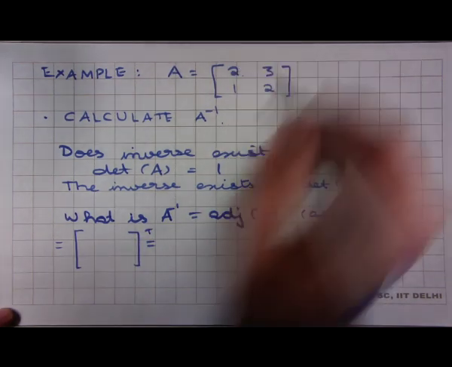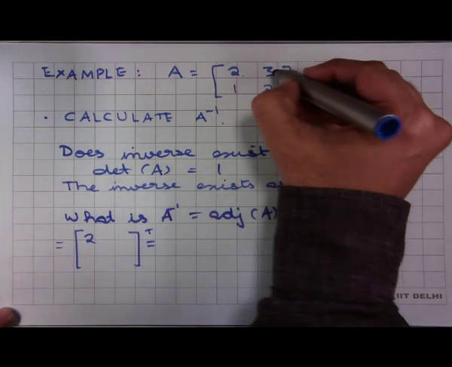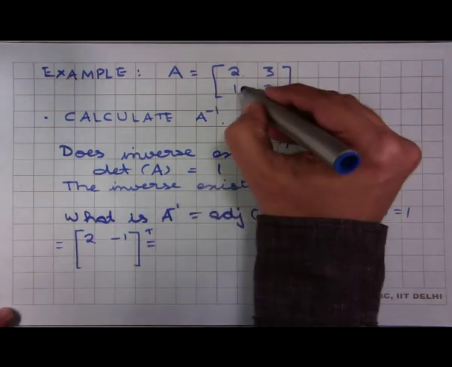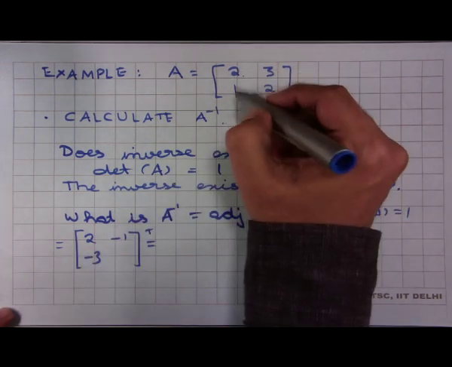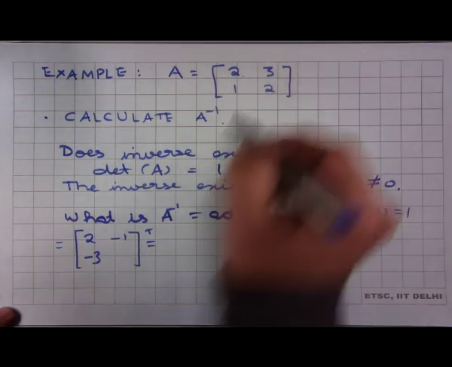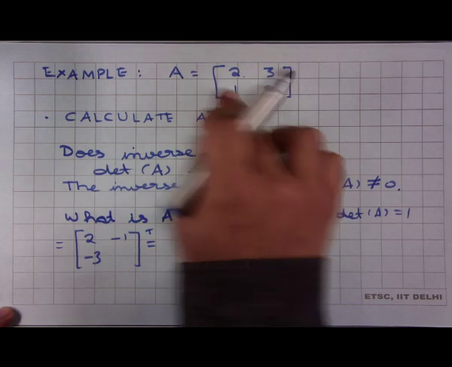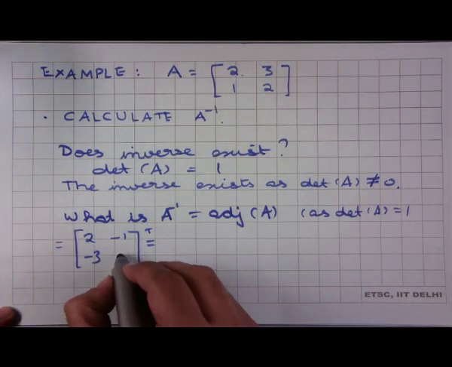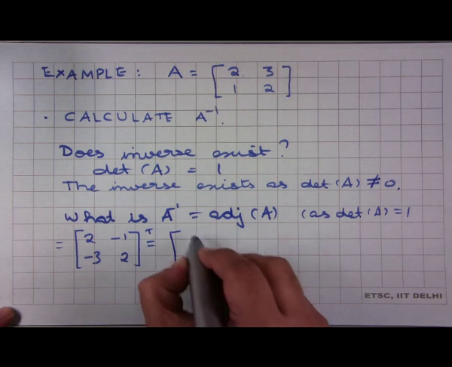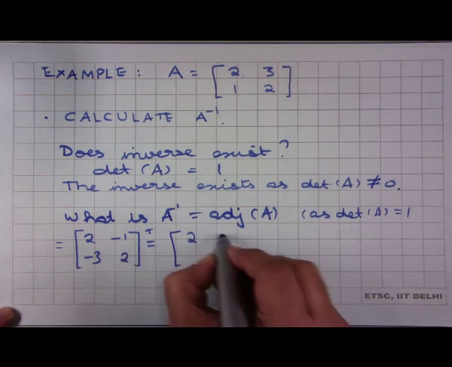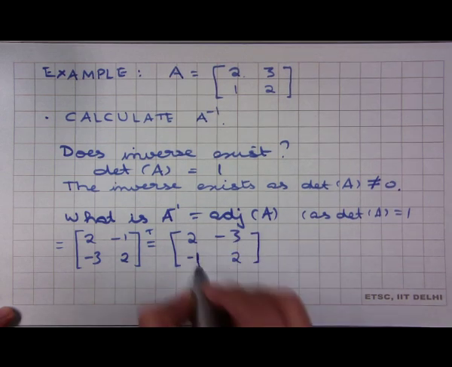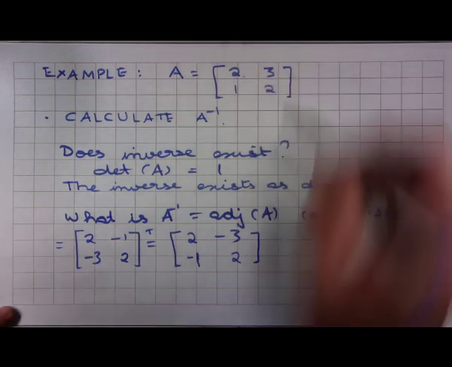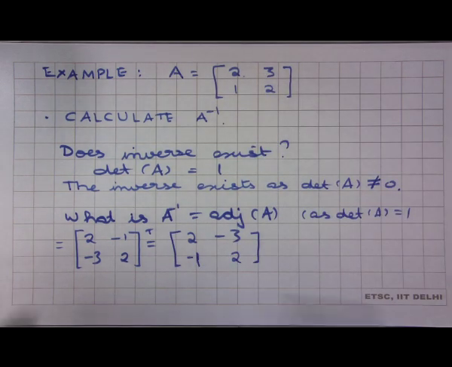So, the cofactor of 2 is 2, the cofactor of 3 is minus 1, the cofactor of 1 is minus 3, with the minus coming because it is in the second row, first column. So, minus 1 to the power 3, and then if you delete this column and this row we get 3, same here. So, this is 2, minus 3, minus 1, and 2. Now we can check: we have 2 3 1 2 and 2 minus 3 minus 1 2, determinant is 1.